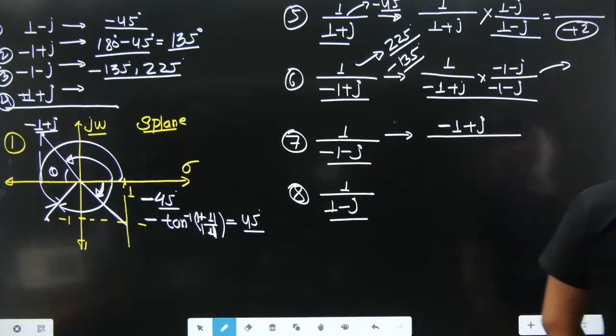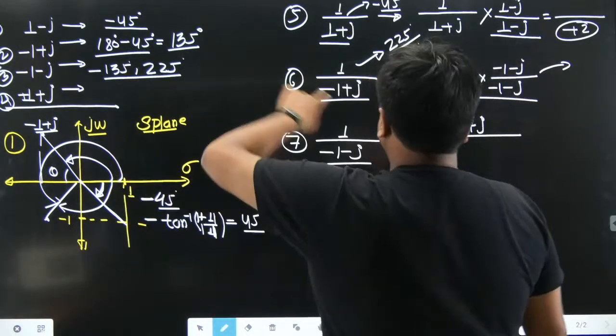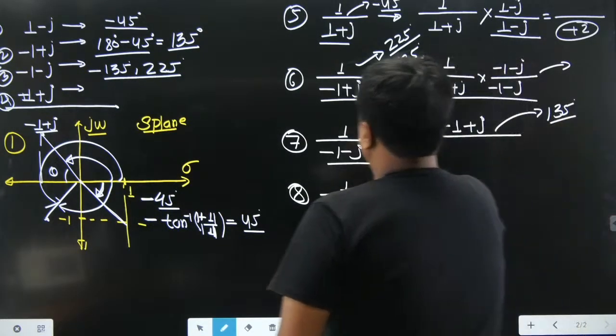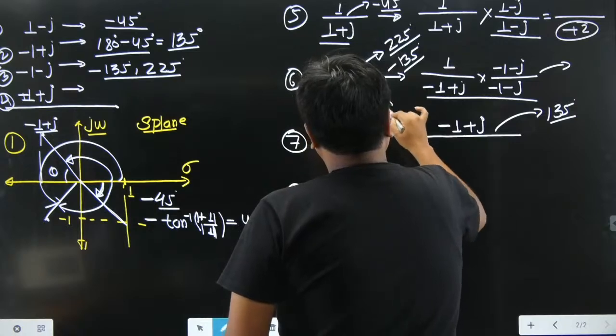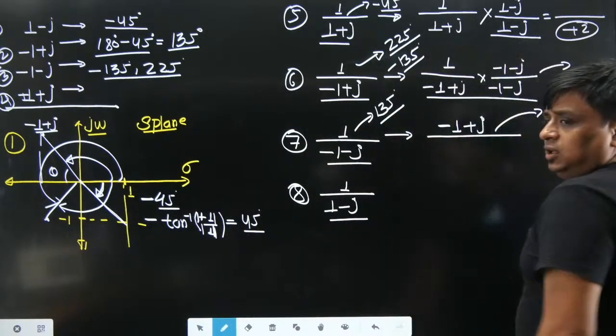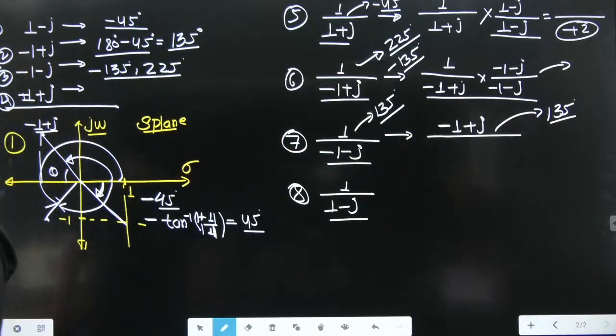Obviously, sir, this could be the next problem which can be raised. Minus 1 plus j is going to offer the angle as 135 degree. So you can say, sir, here the expected angle is 135 degree. Agreed?